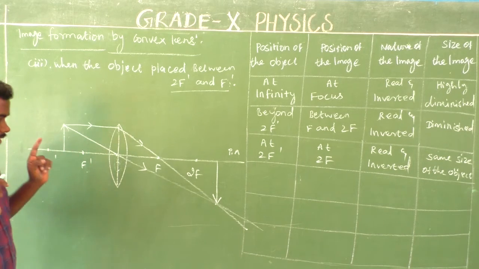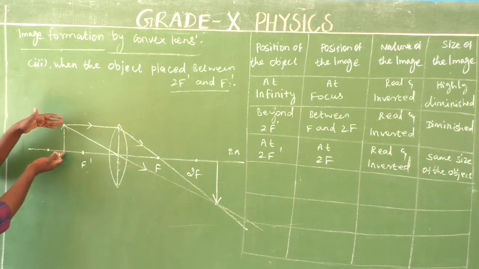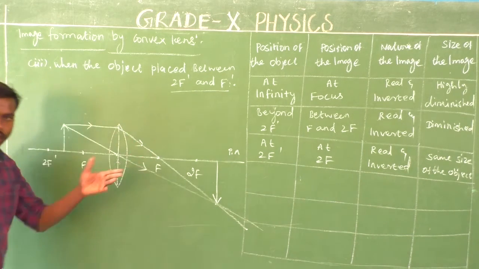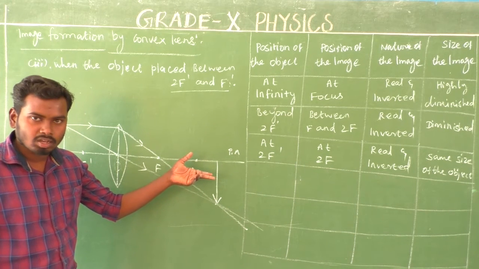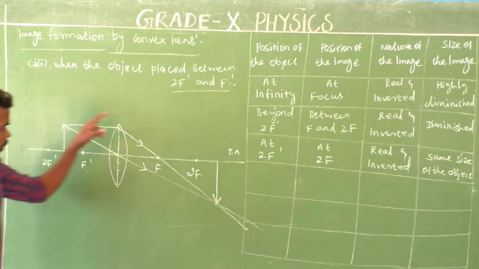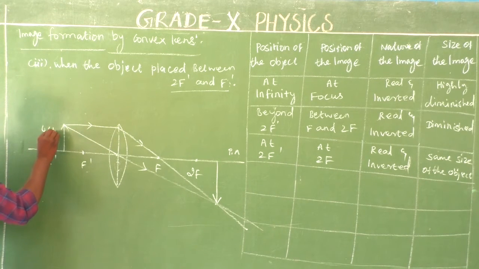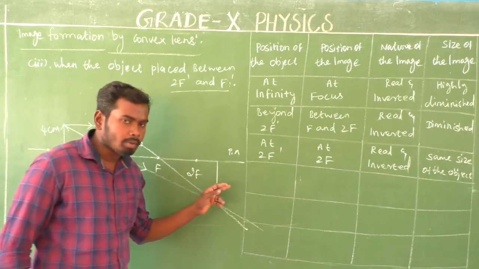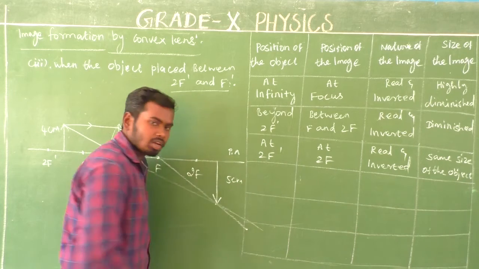So what is the size of the image? Look here. This is the object and this is the image. The image is enlarged, which means the image size is more than the object size. So if the object is 4 centimeter, the image size will be more than 4 centimeter, maybe 5 centimeter or whatever it is.